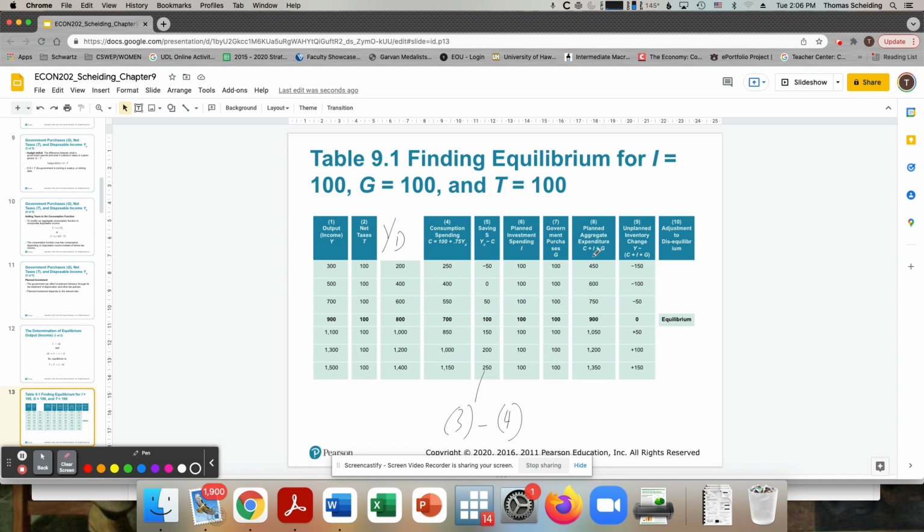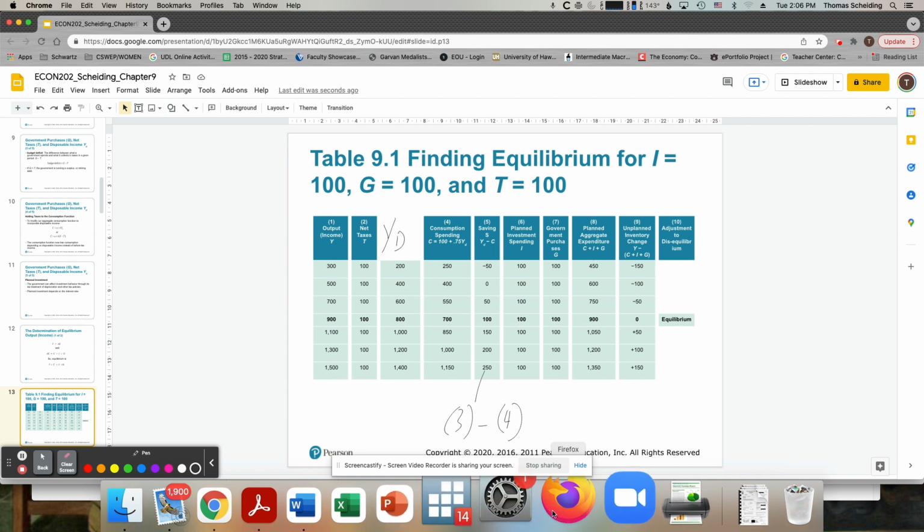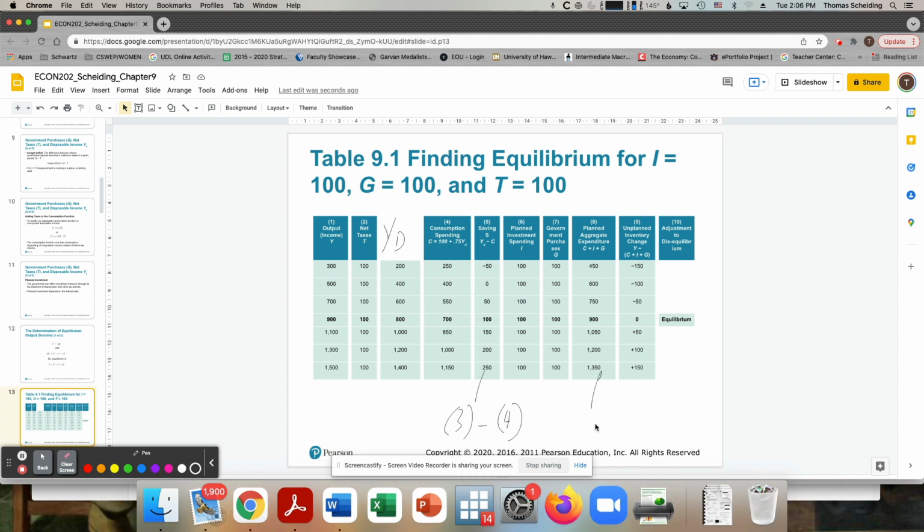Column 8: here we're adding columns 4, 6, and 7. And then in column 9, I'm taking column 1 and subtracting column 8.